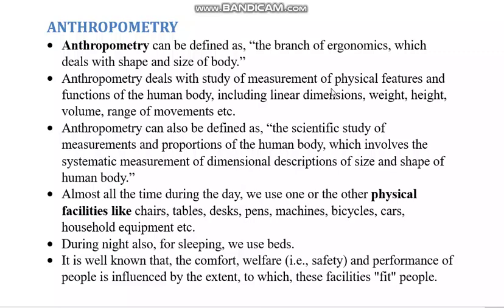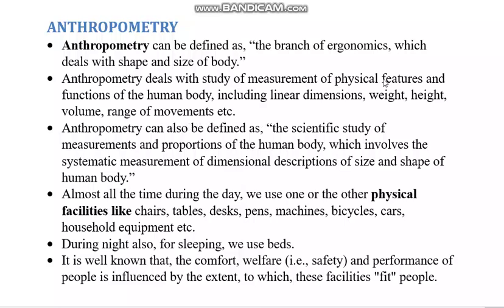What physical features a person has: his linear dimensions, how tall he is, how broad he is, how wide he is, what is his weight, how many kgs he weighs, what is his height, what is his volume, what range of movements he can do, all these things.